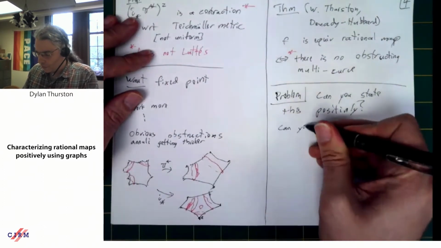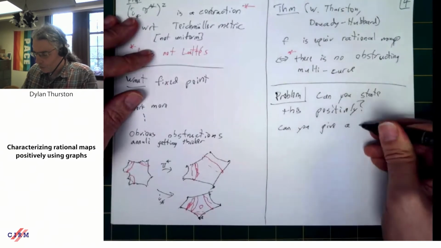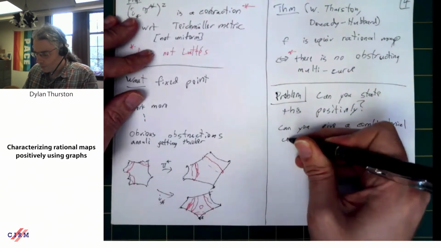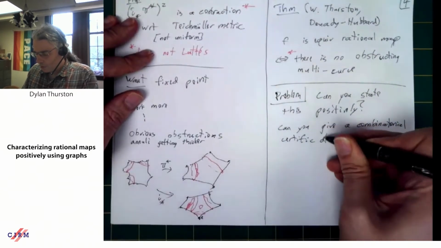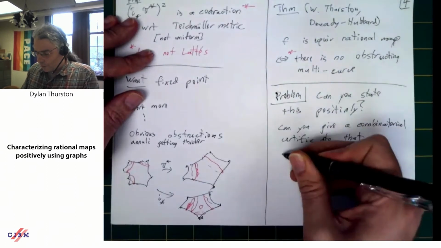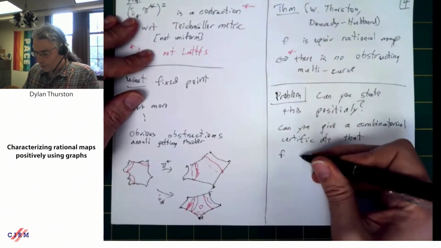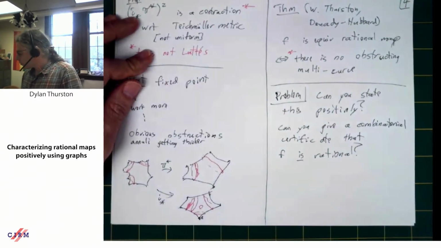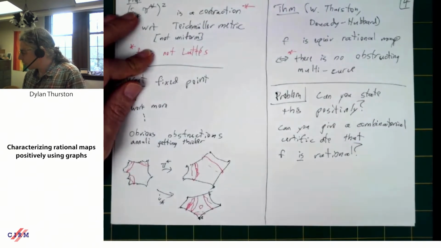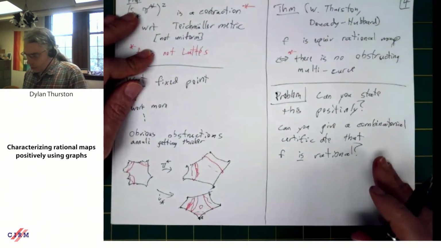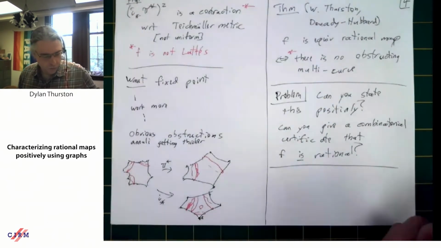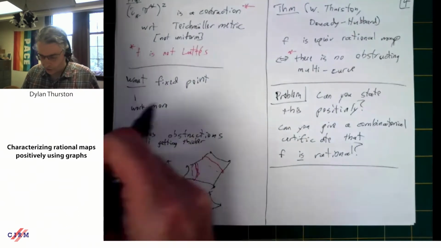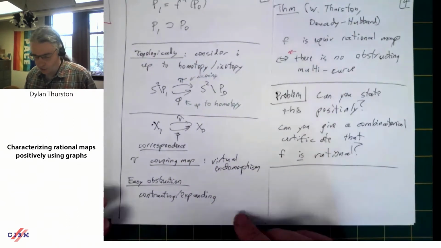So can you give a combinatorial certificate that shows that F is rational? One way to approach this is to go back to my easy abstraction about contracting and expanding.